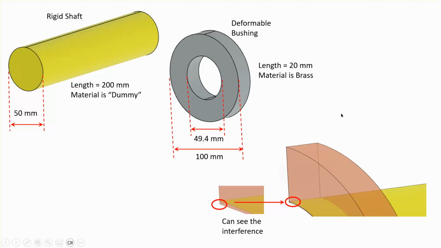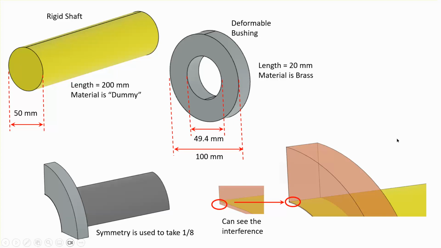Obviously we are assuming this is a deformable bushing, but the shaft, of course, is an analytical surface, so we don't need material for it. Because of symmetry, we're going to take only 1/8 of the model, and standard properties of brass are used, and there's a frictional coefficient of 0.1 we are assuming between the surface of the analytical shaft and the bushing.